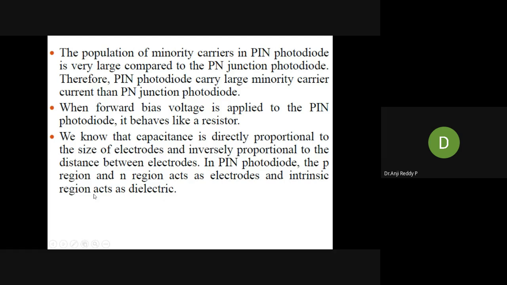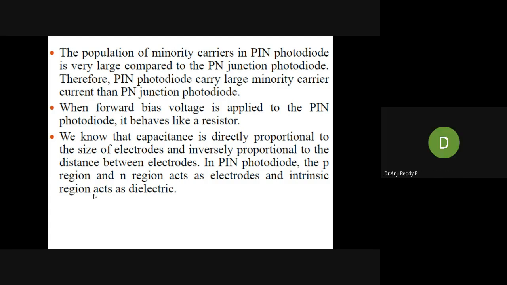If you remember the capacitance formula, can anyone give the formula for the capacitance of a parallel plate capacitor? C equals epsilon naught A by D. Correct? Yes, sir.